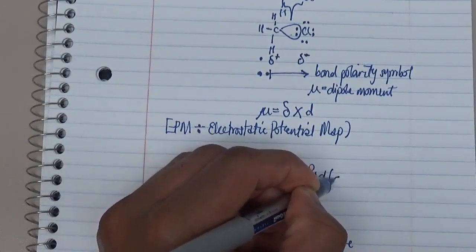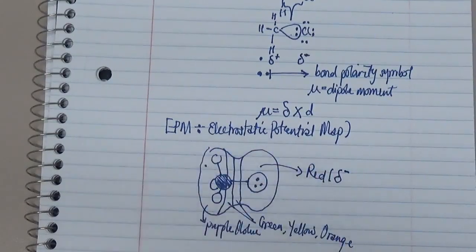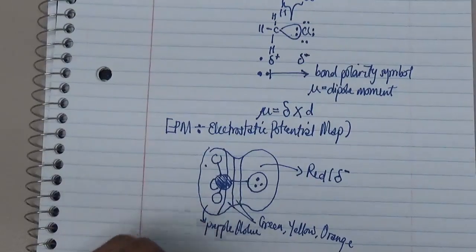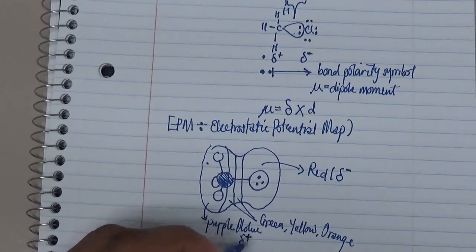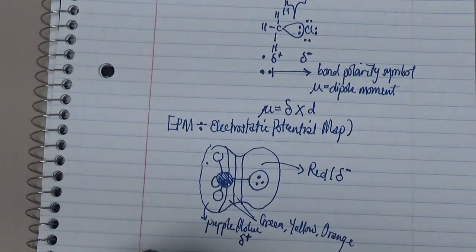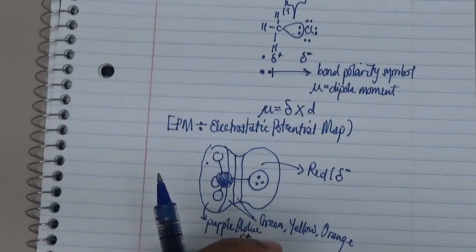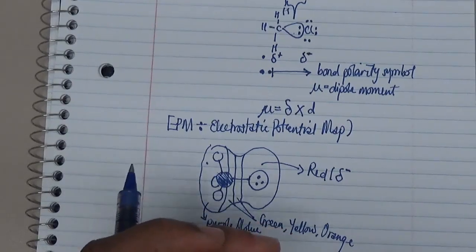Red is the part where you have the partial negative charge, which is where the chlorine is positioned, while the purple to blue region is the partial positive charge region. So that is one way of looking at it.